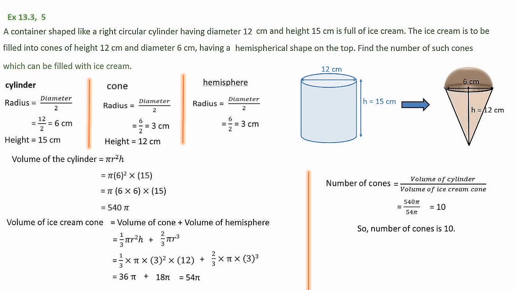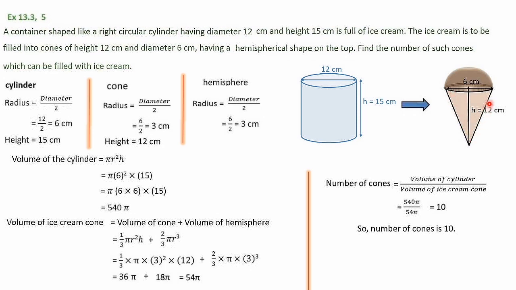How many cones, or how many ice creams, can we fill by collecting from the cylindrical container? That is what the question asks. So let's visualize the question. The cylindrical container, which has 12 cm diameter and height 15 cm, is full of ice cream. From here we are collecting the ice cream and filling the ice cream cones.